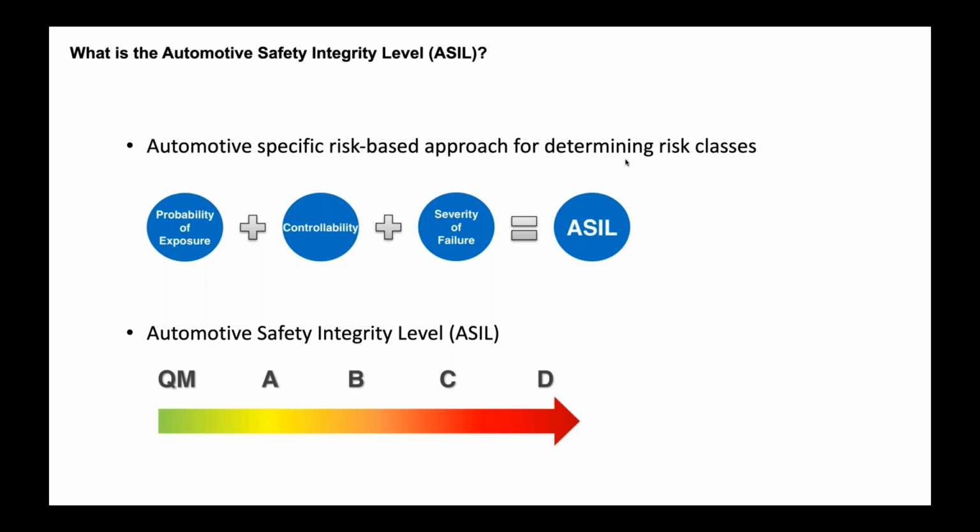As a result, we get 5 possible values: QM, A, B, C, D, where QM is an acceptable level of ASIL, and D is the highest level, which means it brings very dangerous situations.